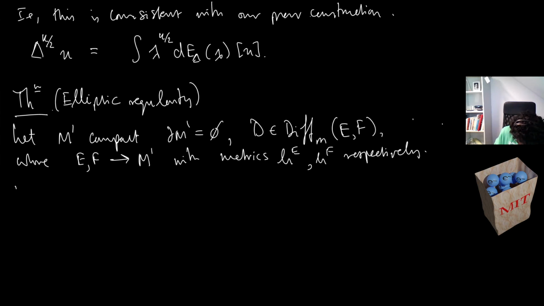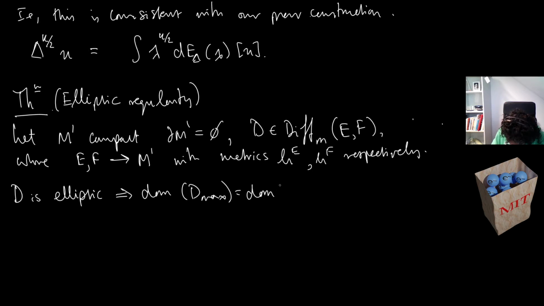So the theorem is that if D is elliptic, then dom D max equals dom D min, and this is equal to the Sobolev space H^m of M prime over E. Okay, so this is elliptic regularity.